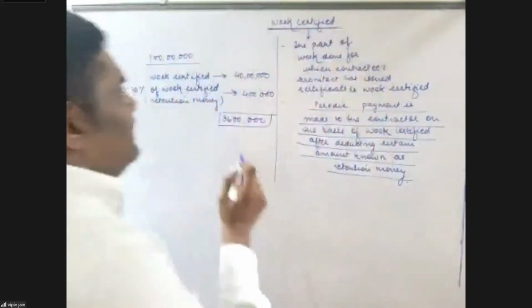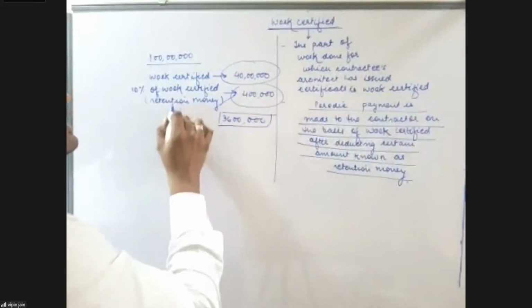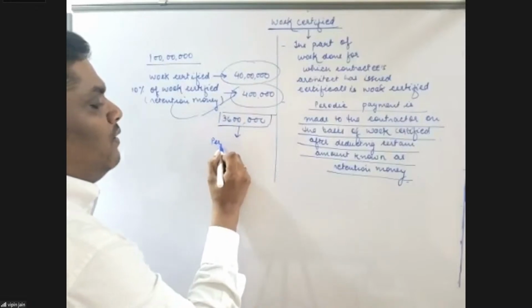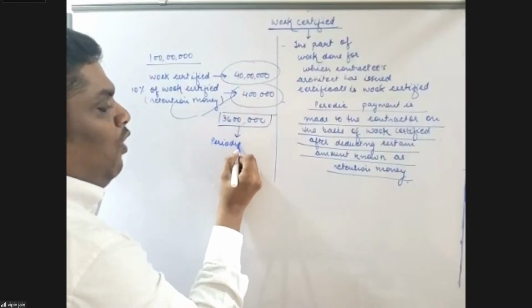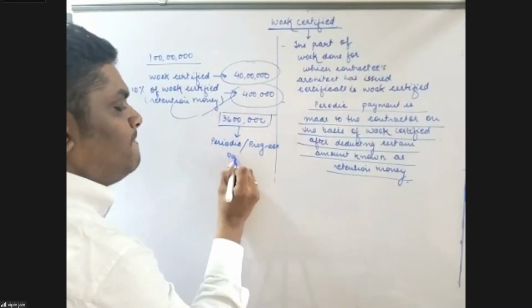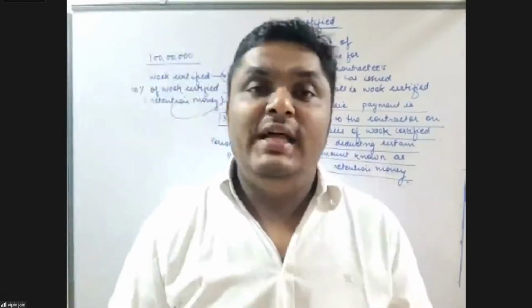So in this case, 40 lakh is my work certified, 4 lakh is my retention money, and 36 lakh is my periodic or progress payment. So I have discussed three terms, guys.